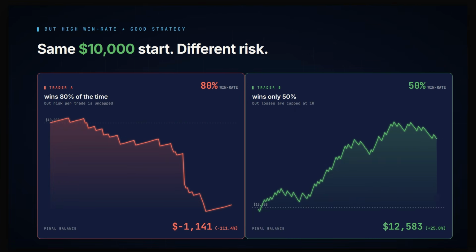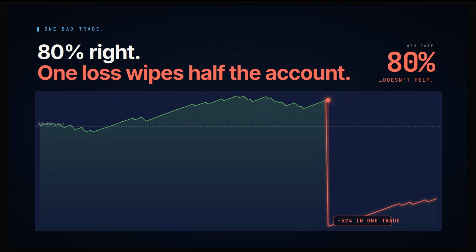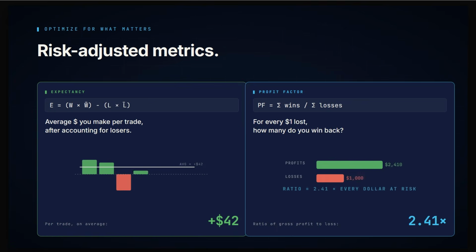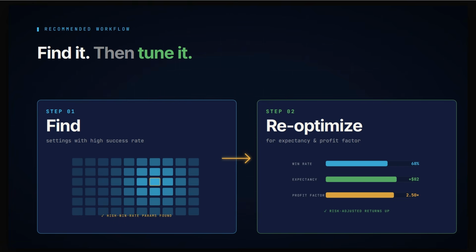Because a high success rate does not say anything if the risk side of things is not in tune. If you're correct 80% of the time, it is nice, but if one trade wipes out half of your account, a 80% success rate will not really help you. So after finding settings with good success rates, I recommend to optimize the settings you found towards, for example, expectancy again.